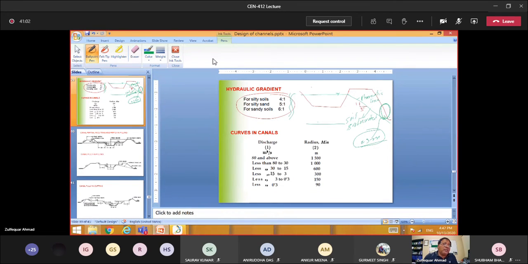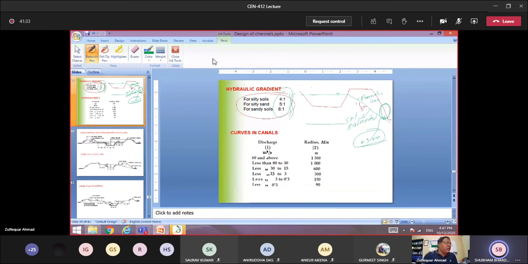But since this canal is not a very high structure, the approximation written here is sufficient. In particular, for a power channel which is in very high filling, you can solve the Laplace equation and get the phreatic line. Is it clear? Yes, sir.